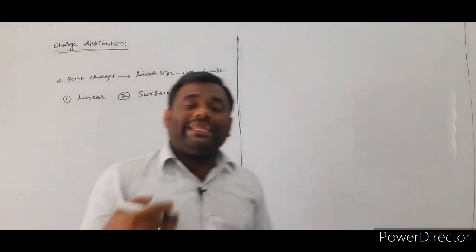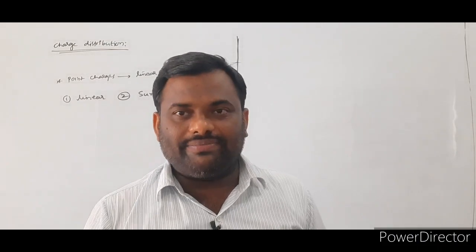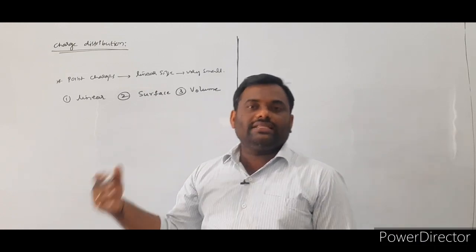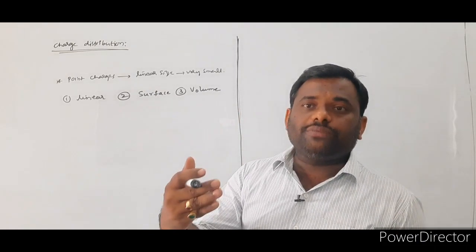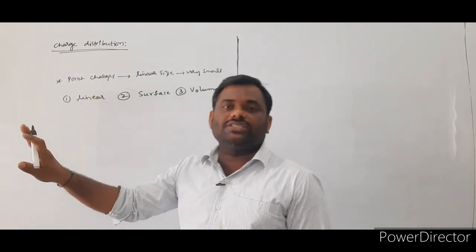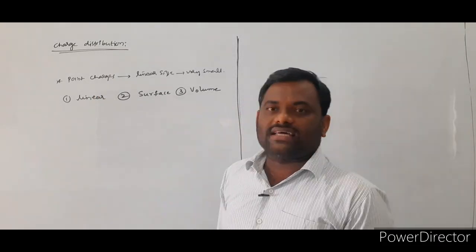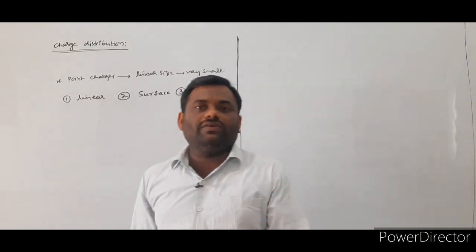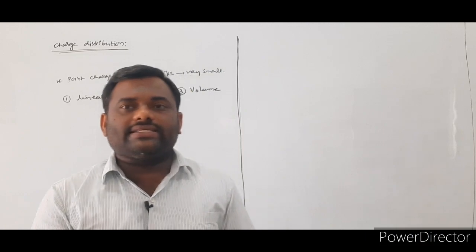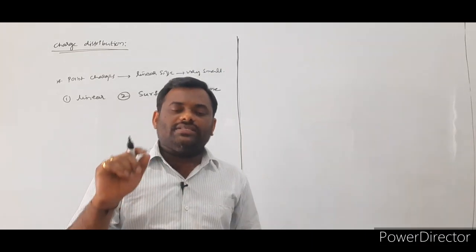So there are three different types of charge distributed objects: linear charge distribution, surface charge distribution, and volume charge distribution. First we will discuss linear charge distribution.